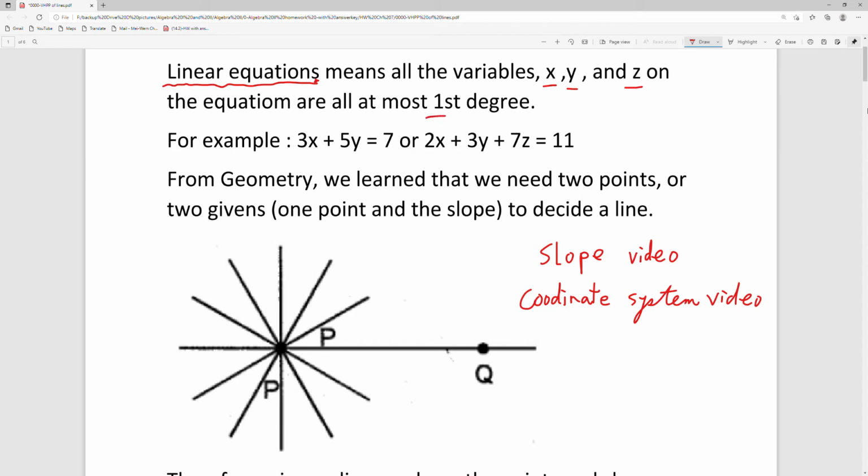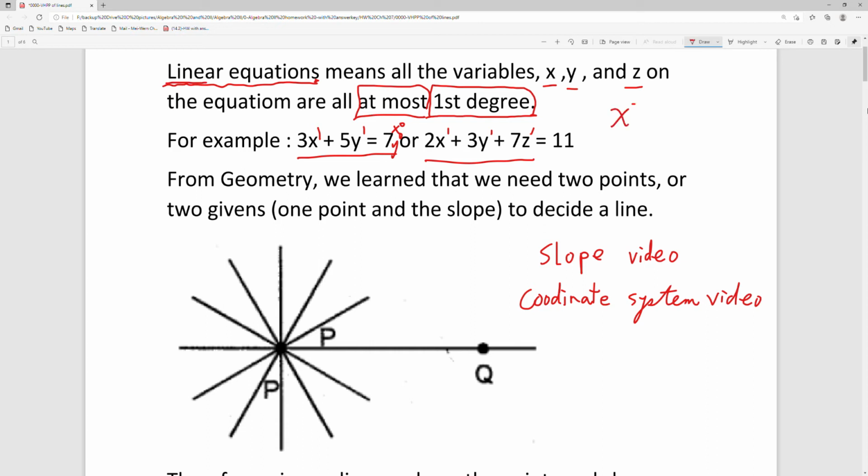Now, in a linear equation, the x, y, z will be at most first degree. For example, 3x plus 5y equal to 7. So 7 means 0 degree. If you have 3 dimensions, 2x, 3y, 7z, at most 1 degree, then we call this a linear equation.